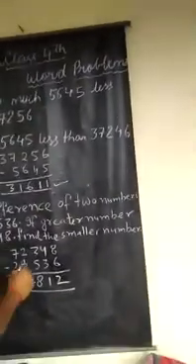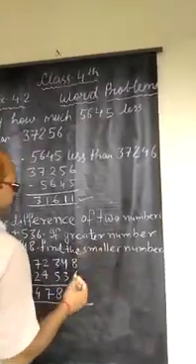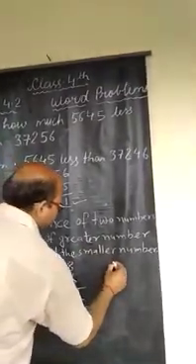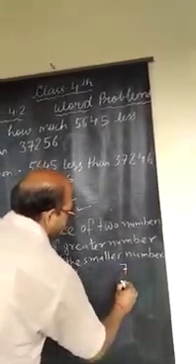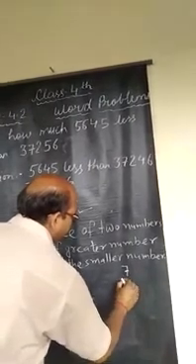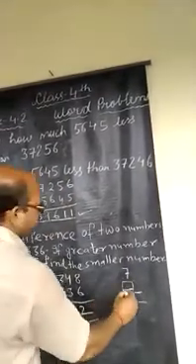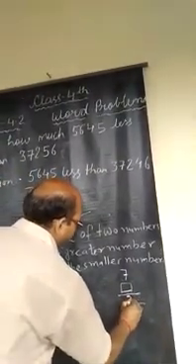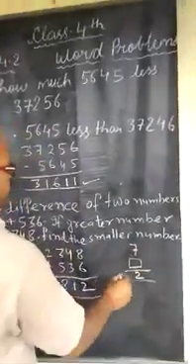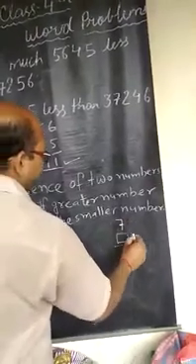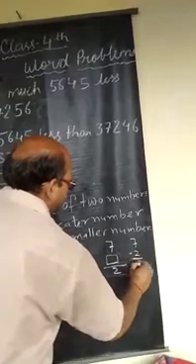In this question we can solve it as follows. First, let us take an example. In a subtraction question, if the greater number is 7 and the difference is 2, then we get the smaller number by subtracting the difference from the greater number, and we obtain 5.